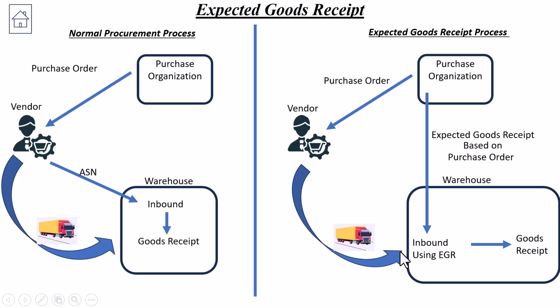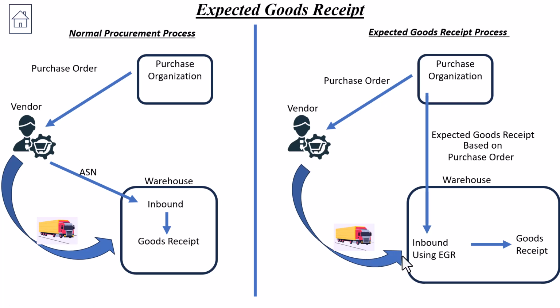Will you say that the vendor hasn't sent the advance shipping notification and ask the vendor to send it? No, you have to receive the goods, right? Because it is your organization that placed the purchase order to the vendor, and now you're going to receive the goods.